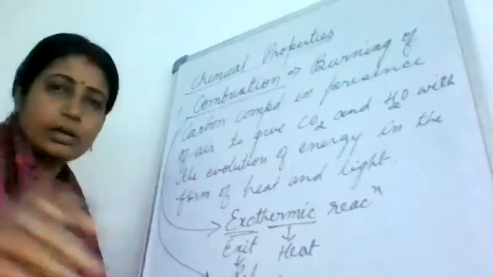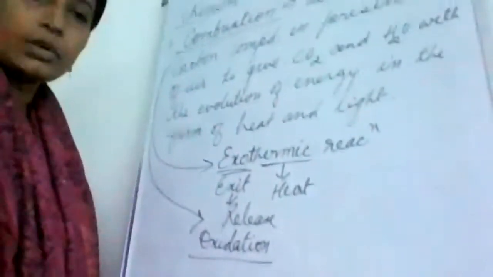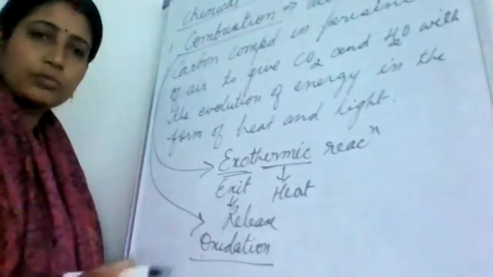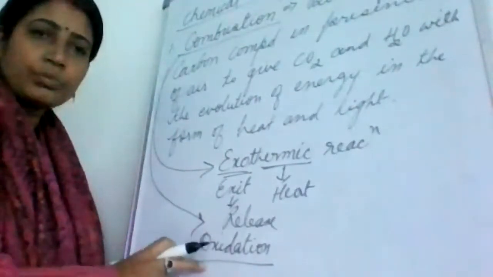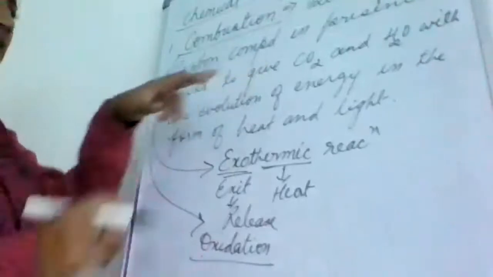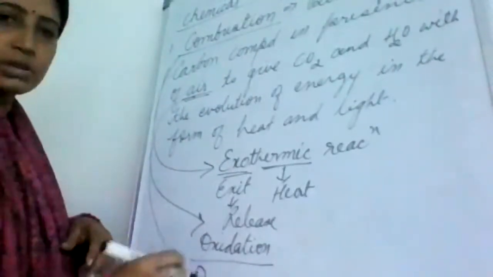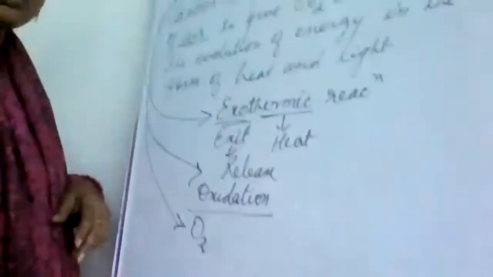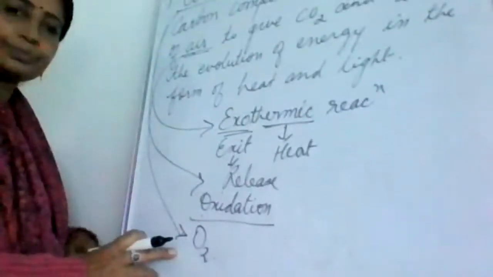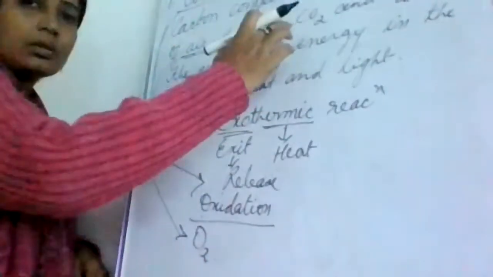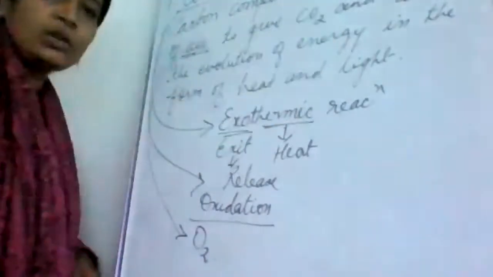Okay. This is oxidation also. Why is it oxidation? Because the reaction is taking place in the presence of air. Air means oxygen. And whatever product is formed, that is oxide: oxide of carbon and oxide of hydrogen.